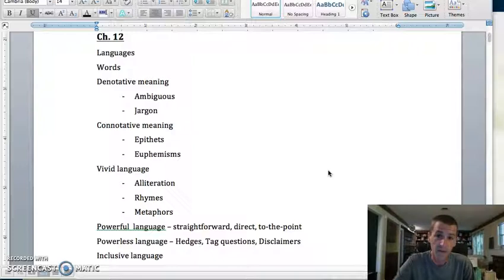Now, words have multiple types of meanings. The denotative meaning of a word is the dictionary definition of the word. Or if we jump down to right here, the connotative meaning of a word is the emotional overtones associated with that word. Now, there's a couple sub-points here. An ambiguous word is a word that has more than one meaning, and it relies on the context to understand which meaning is being used.